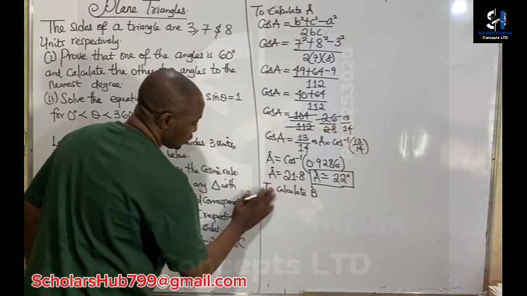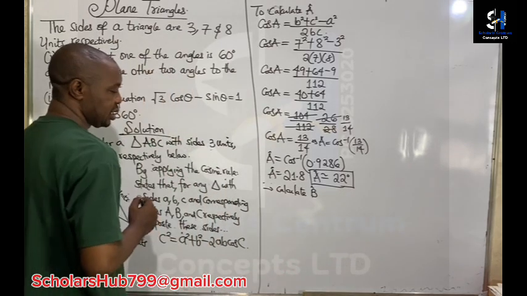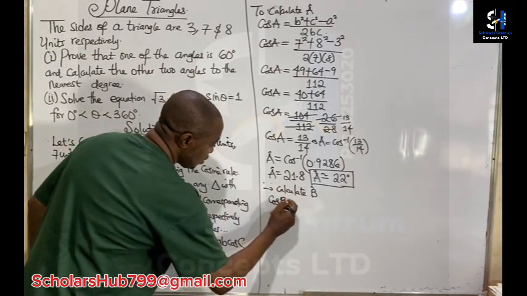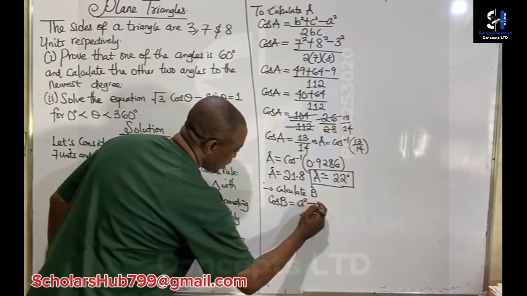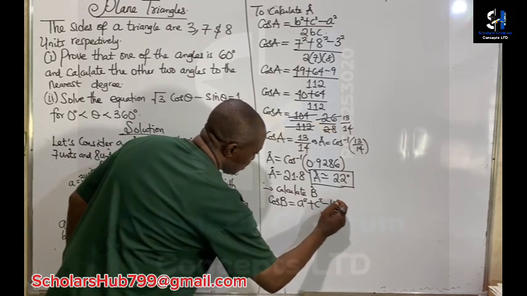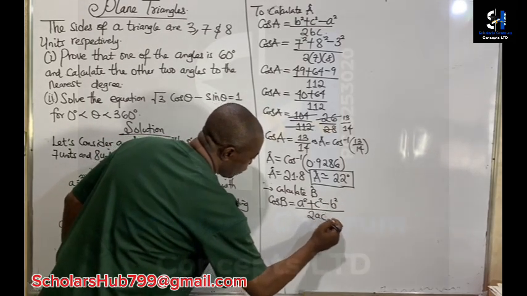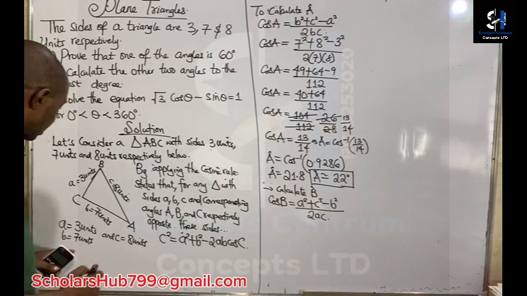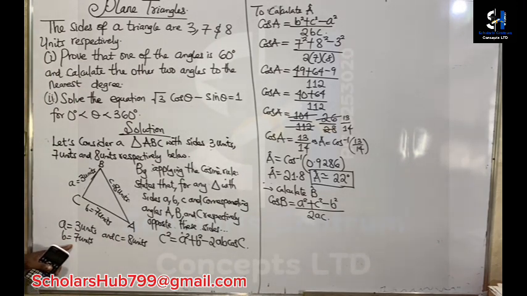Okay, so now let's calculate angle B, that's next. In this case, we're going to have cos B equals a squared plus c squared minus b squared over 2ac. Already we know that the value of a is 3, the value of b is 7, and that of c is 8.